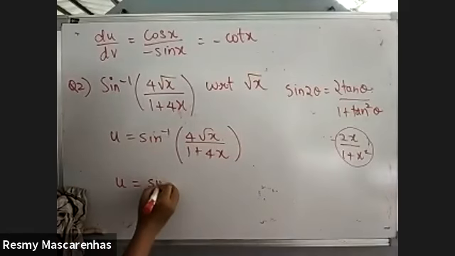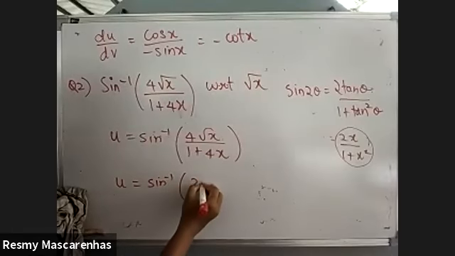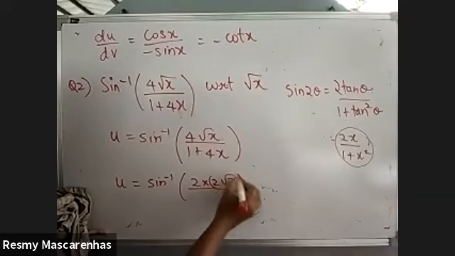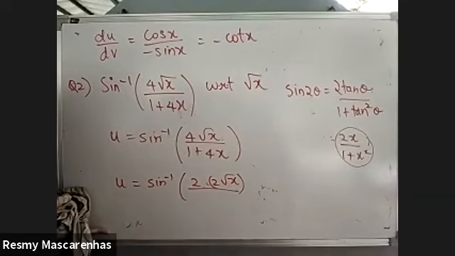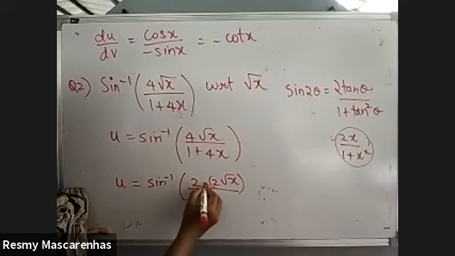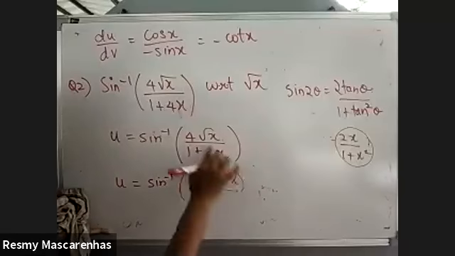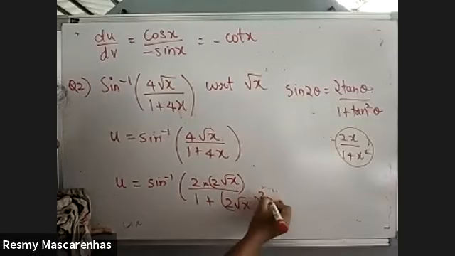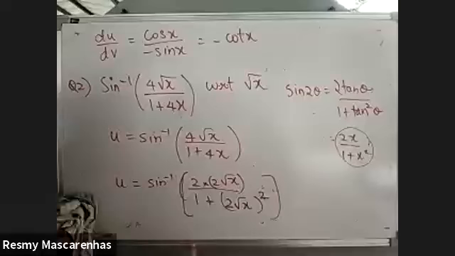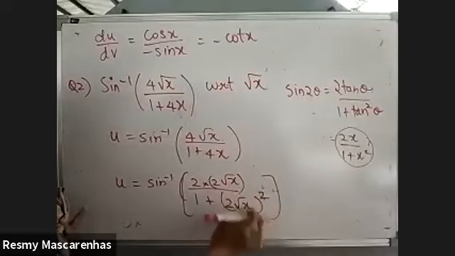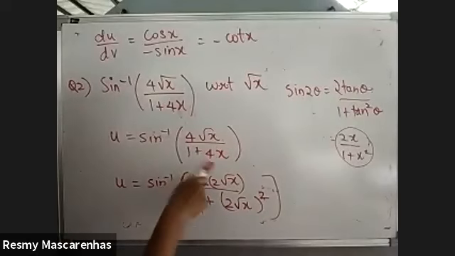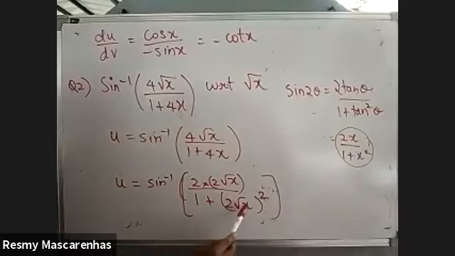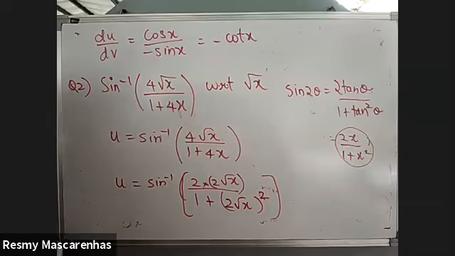So this will be sine inverse of 2 into 2 root x upon 1 plus, now whatever this is, the whole square. 4x I have split as this. So just see, it will turn out to be the same. If you square it, it will become 4x. So I've arranged 4x in such a way that it becomes 2 into something upon 1 plus the whole square.